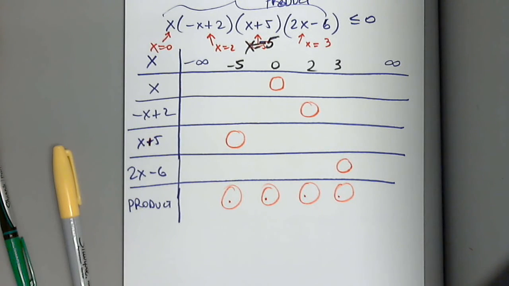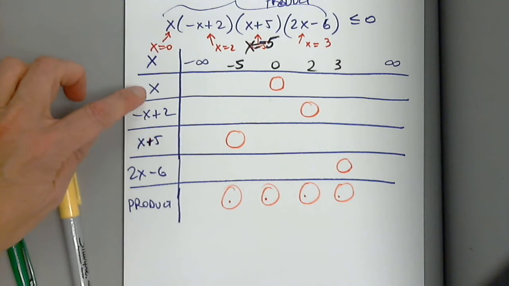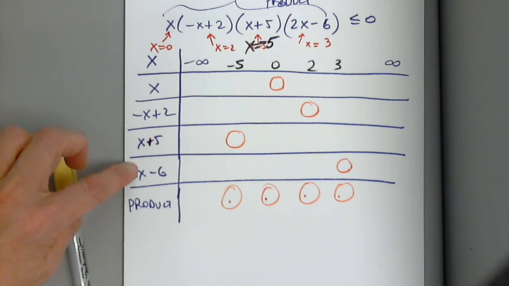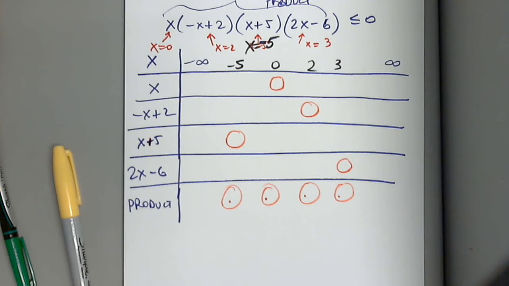Remember we talked about end behavior for polynomial functions. What is this function? All of them are the same function. Linear. What is the end behavior of a linear function? It goes up to the right if the leading coefficient or the slope is positive, and it goes down to the right if the leading coefficient or the slope is negative, correct?